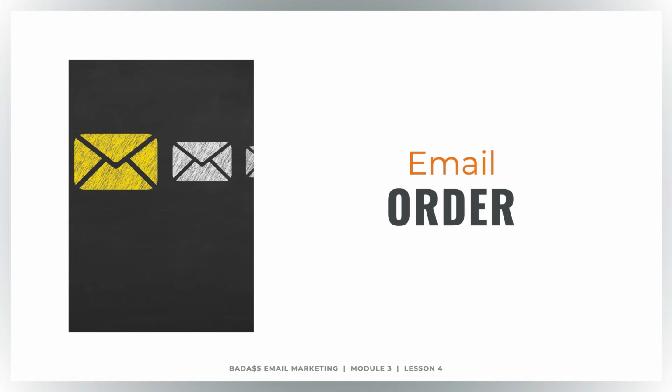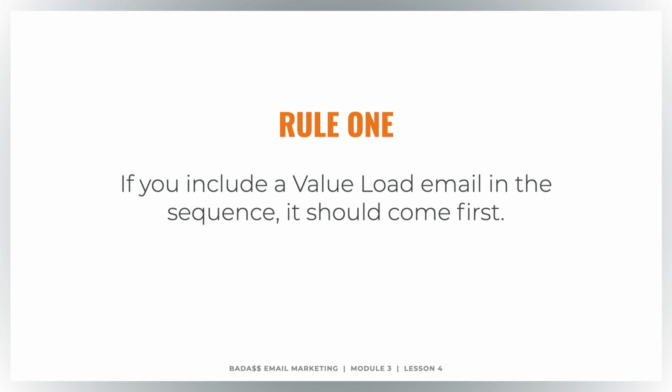There is not a specific order that you must follow, because it's going to depend on what emails you include. But there are some rules that will help you create the order. So if you are going to include a value load email, it should come first.